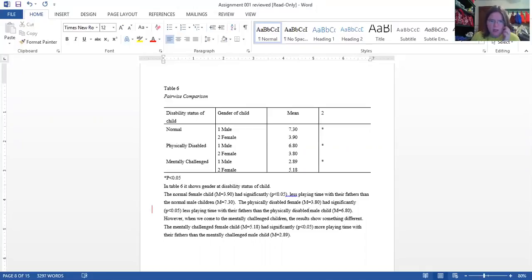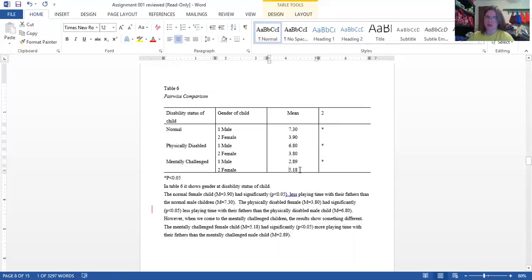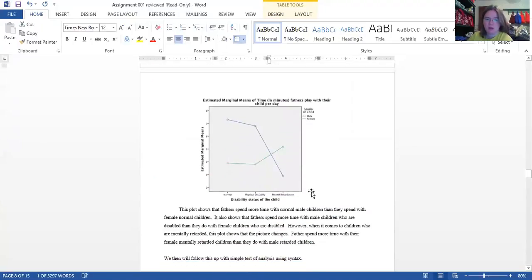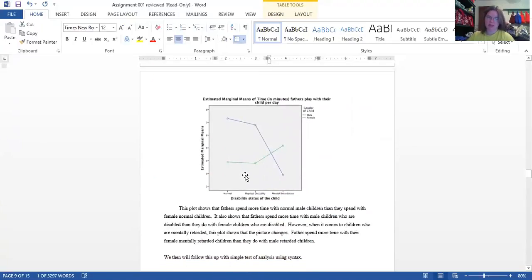However, when we come to the mentally challenged children, the results show something different. The mentally challenged female child had significantly less playing time with their fathers than the mentally challenged male child. The reason that this one is different is because the numbers flip-flop. The playing time for the males is a lot less than the playing time with the females. And this here represents that.